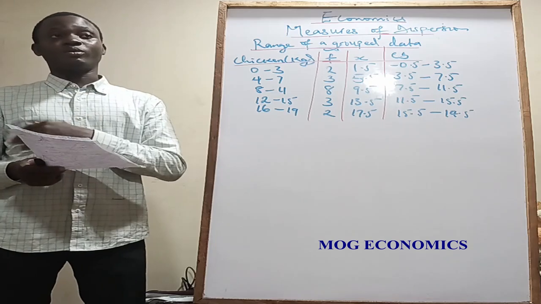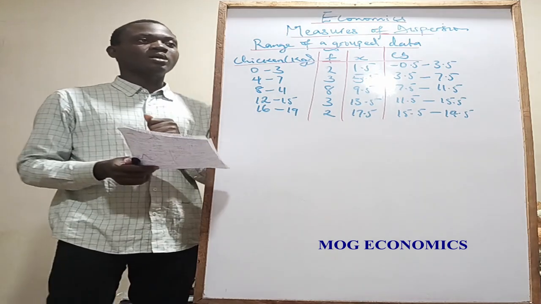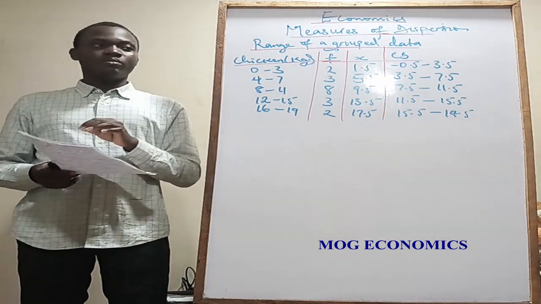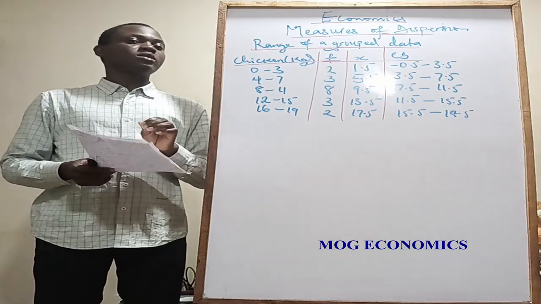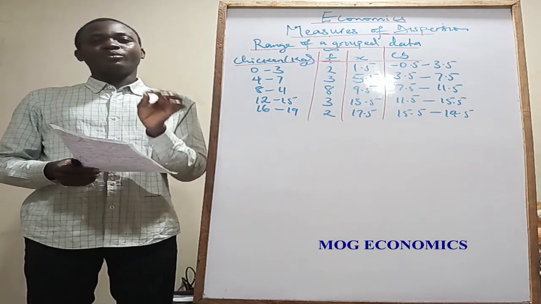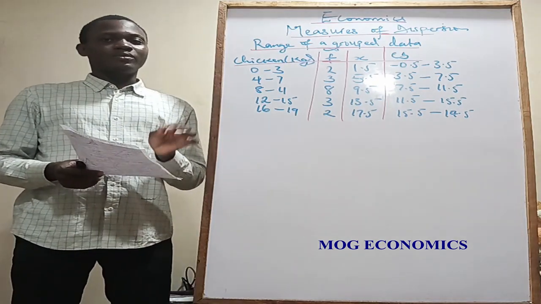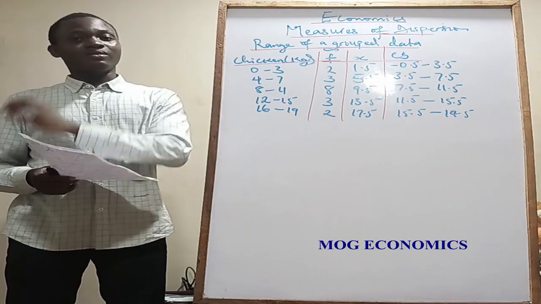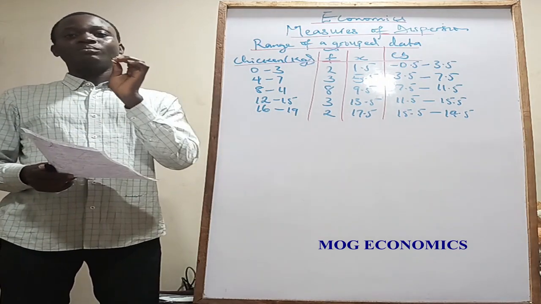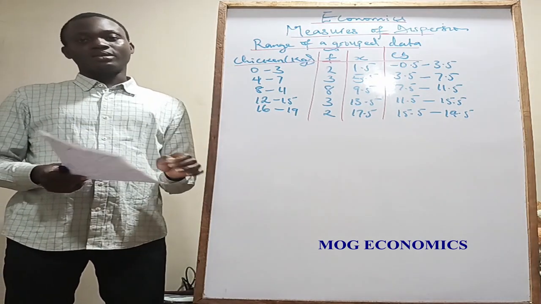If you remember from that example, the last number in the last interval was not our highest number. Our highest number just happened to fall within that interval. So you can't be very sure if the last number in the last interval is actually the highest number in a particular data set.